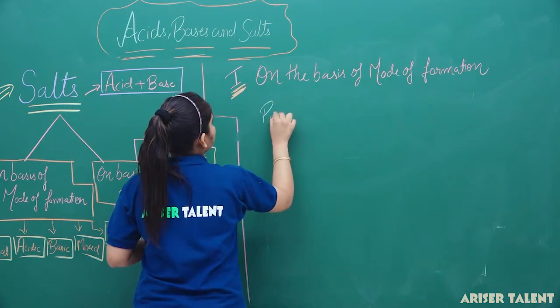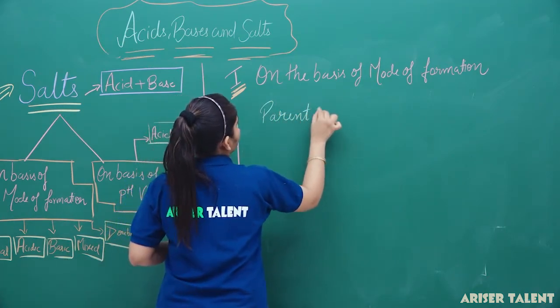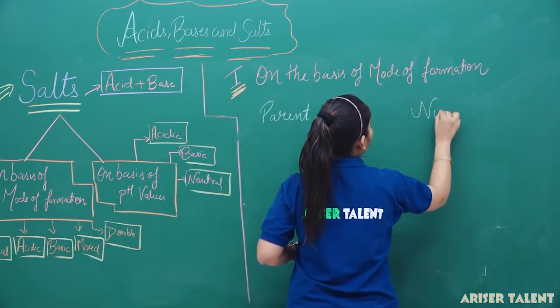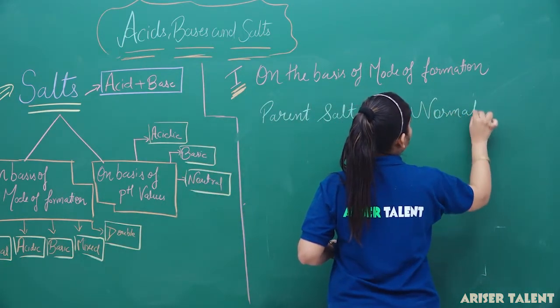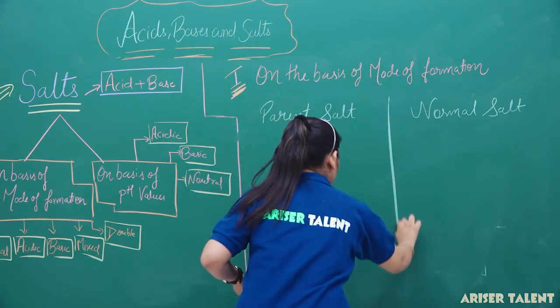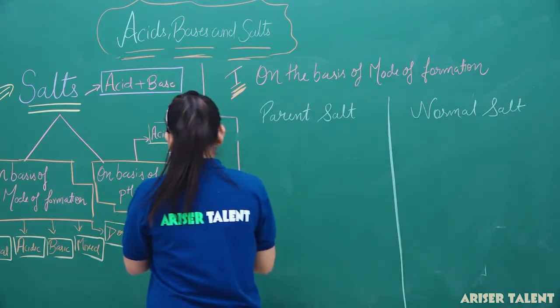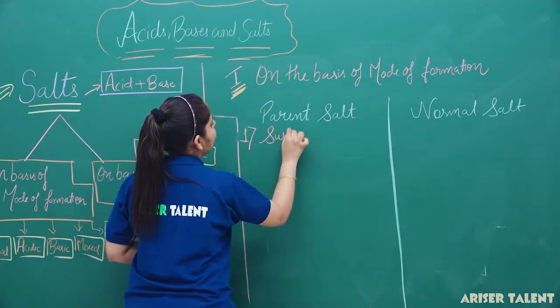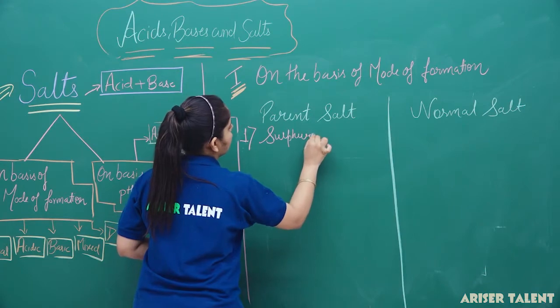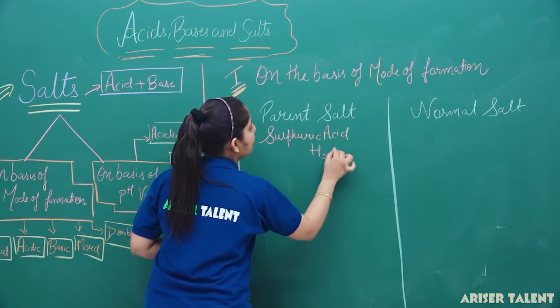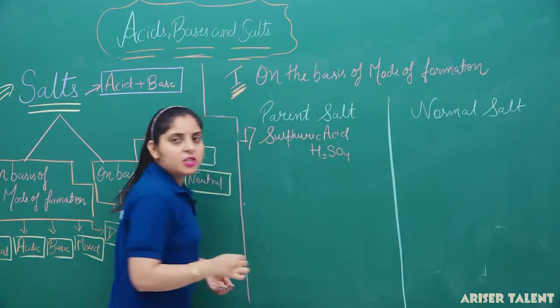Here I am writing parent salt, and here we have another category, that is their normal salt. In the parent salt category, firstly we have sulfuric acid. The general formula for sulfuric acid is H2SO4.